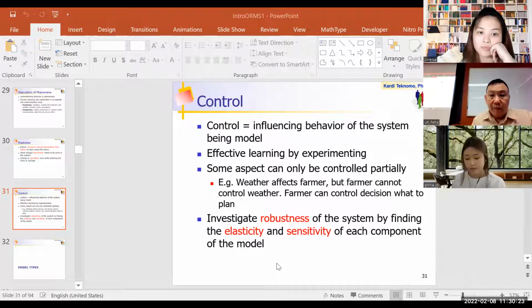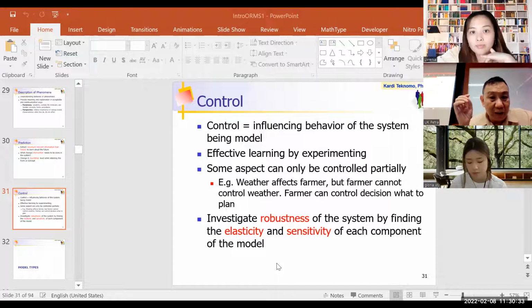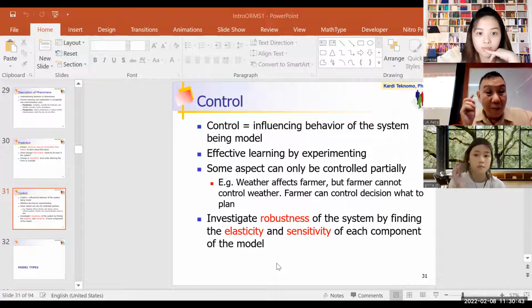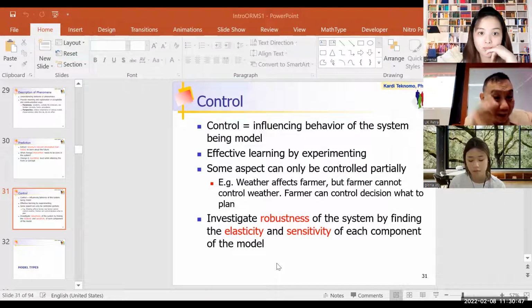In this case, you want to influence the behavior of the system, right? Of course, you know that certain aspects of the system cannot be controlled. For example, a farmer is affected by the weather. Of course, the farmer cannot control the weather. But the farmer can control the decision of what to plant based on the weather.